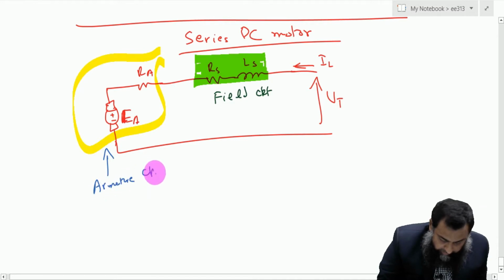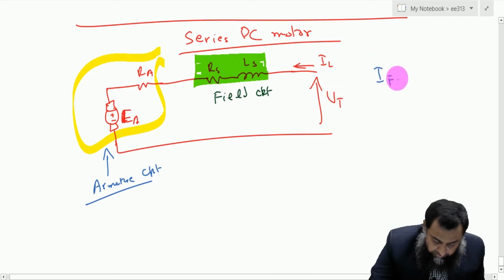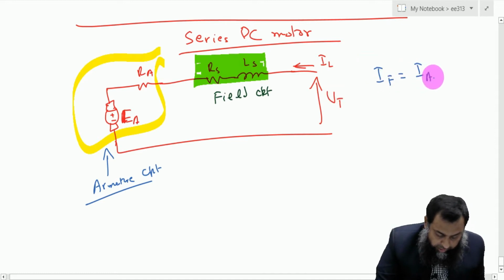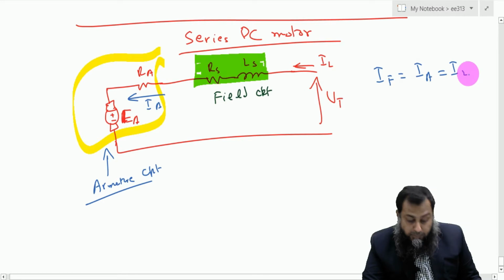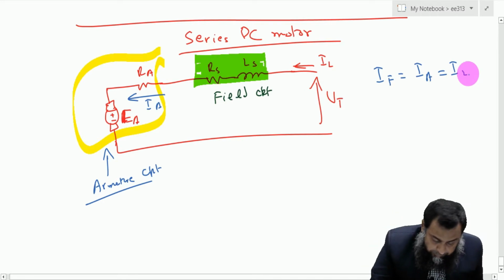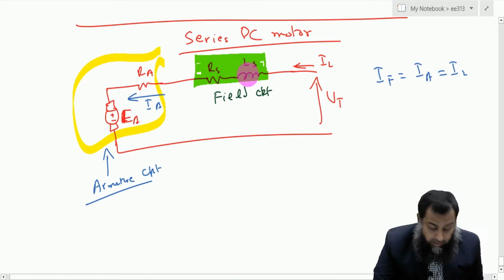We should notice one thing. The foremost thing here is that the field current IF is equal to the rated current of the motor IA, which is equal to the line current supplied by the terminal voltage we have applied. Consequently, we need to make certain arrangements for this series motor.